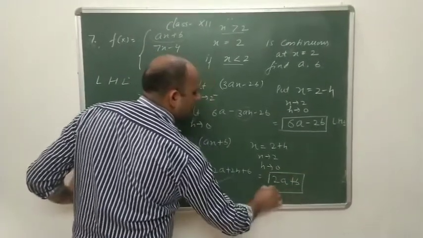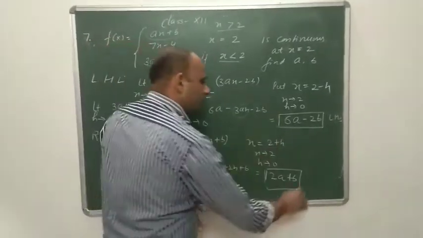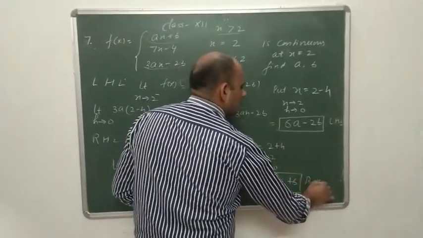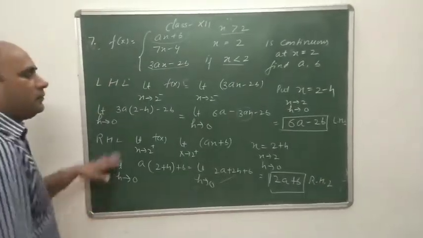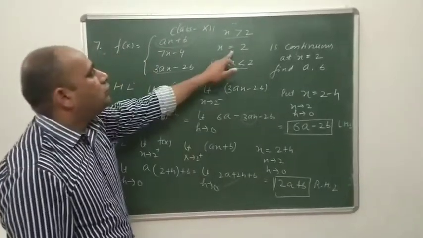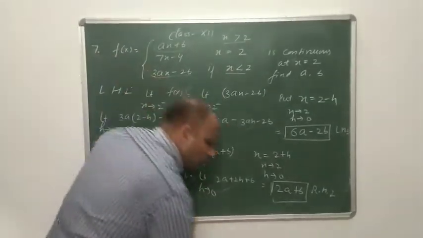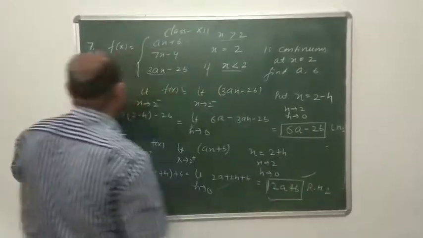Now right hand limit is 2a plus b, left hand limit is 6a minus 2b. Okay, we have left hand limit and right hand limit. So keep in mind left and right.